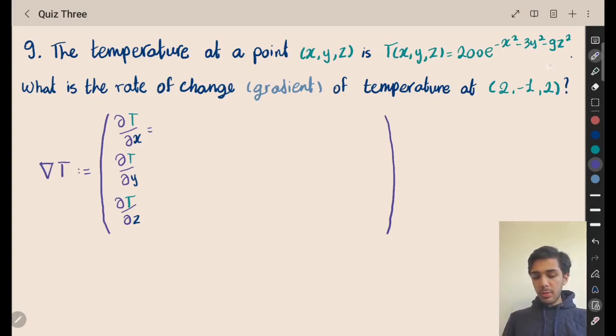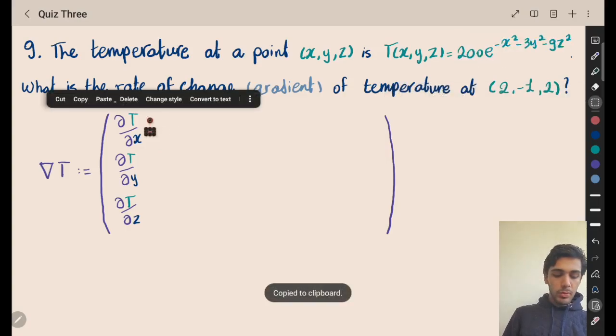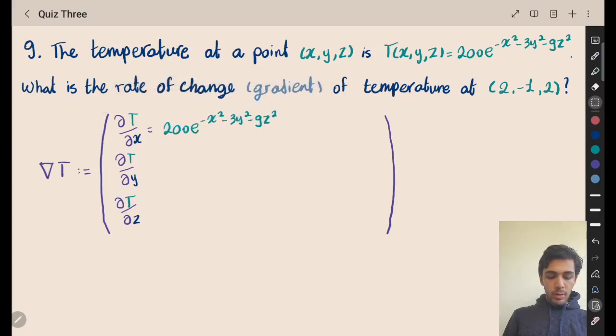So the partial derivative with respect to x of this thing means that we fix everything else that is not x, and we take the derivative with respect to just x. In that case, these would be coefficients in this exponent, and we would only need to multiply by the derivative of this exponent, which is going to be minus 2x.